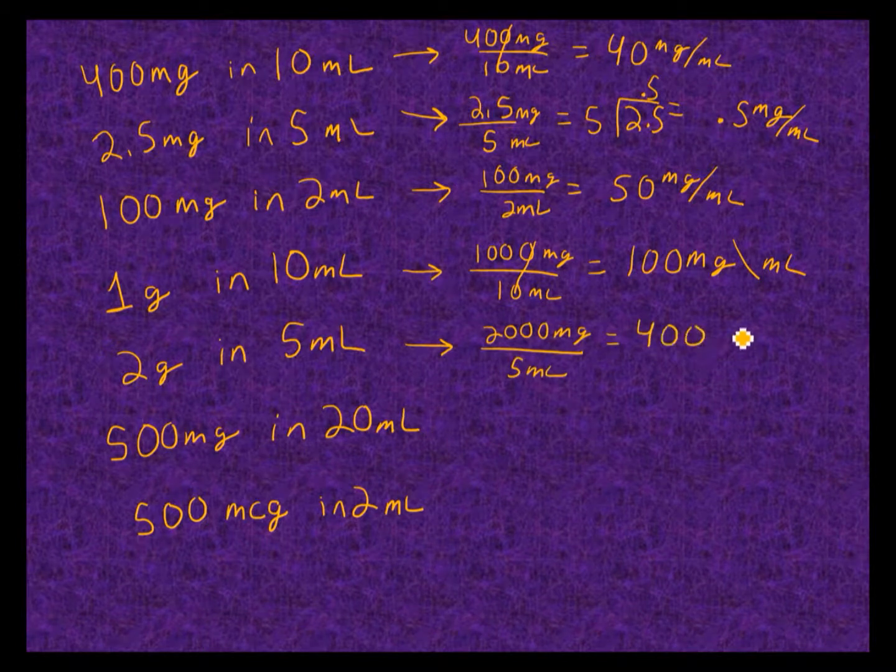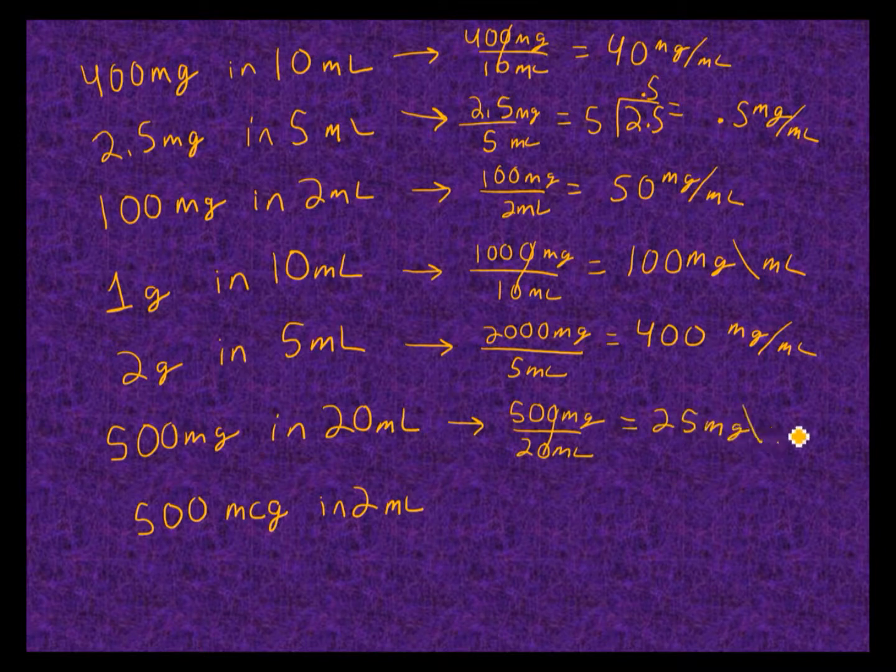So that would be 400 milligrams per milliliter. Then we have 500 milligrams in 20 milliliters. That would be 25 milligrams per milliliter.